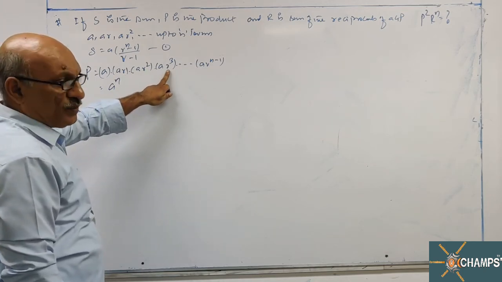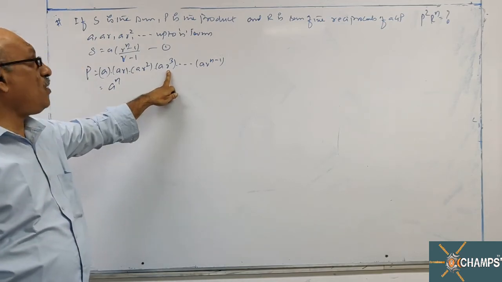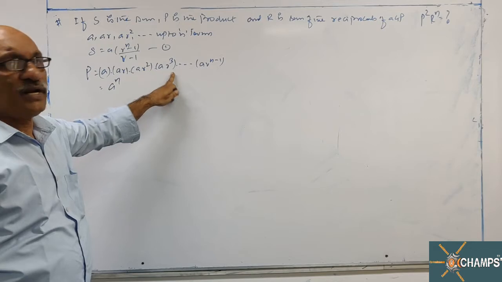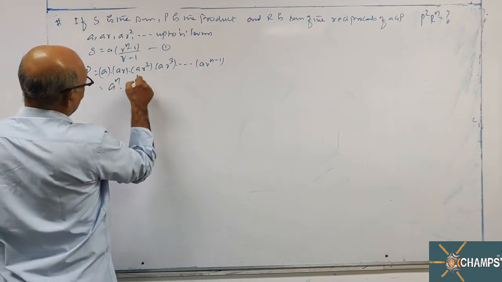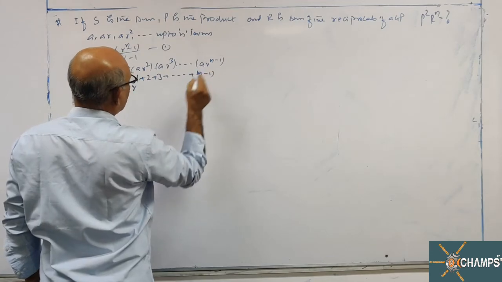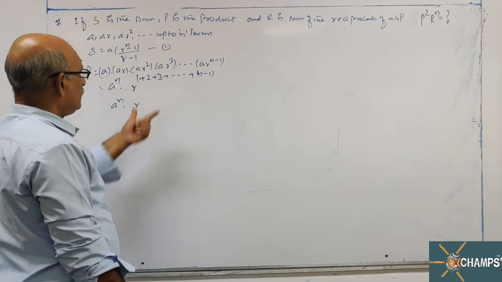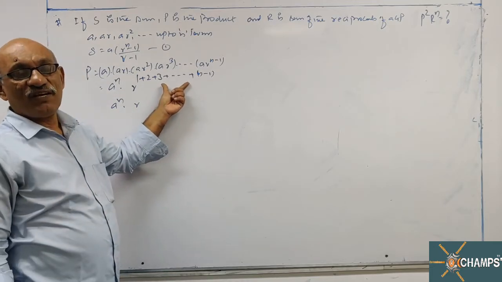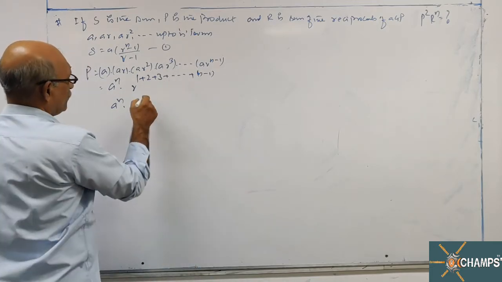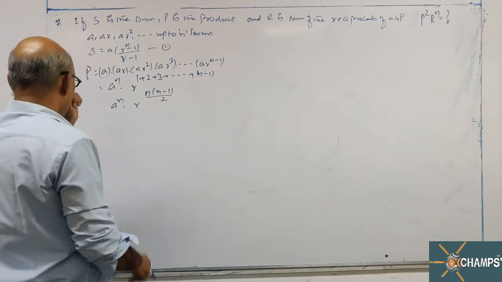R, R square, R cube, here also you are multiplying the terms. R into R square into R cube into etc. R power n minus 1. R to the power 1 plus 2 plus 3 plus etc. plus n minus 1. So A power n into R to the power, it is sum of first n minus 1 natural numbers. Its result is n into n minus 1 by 2.